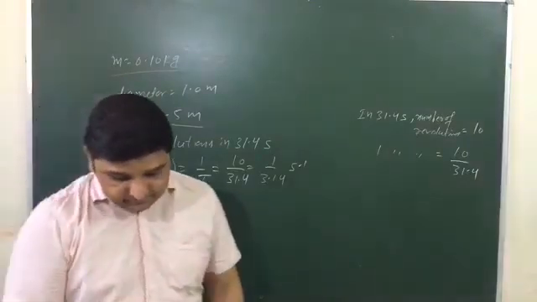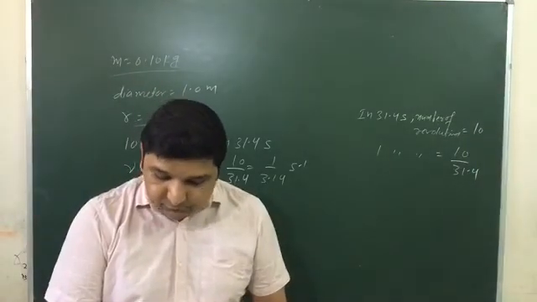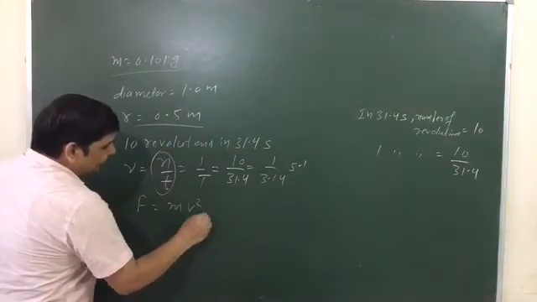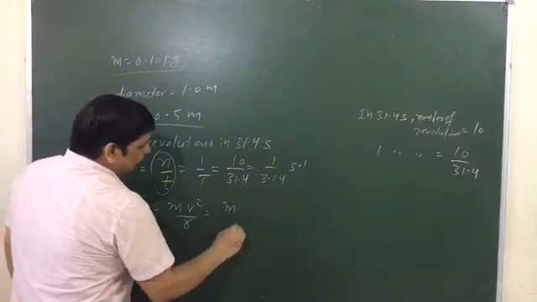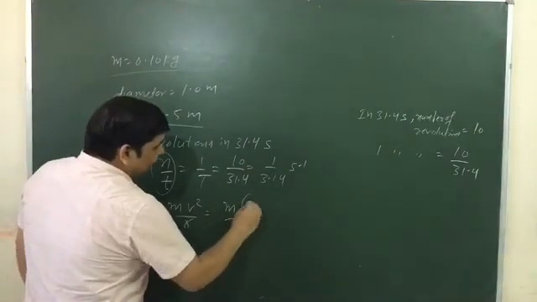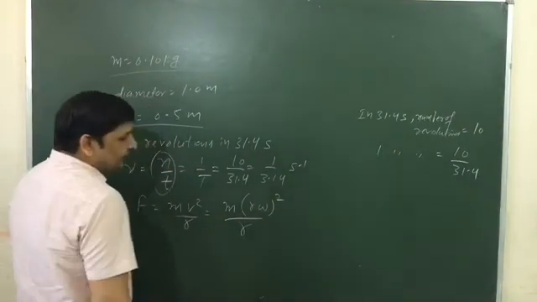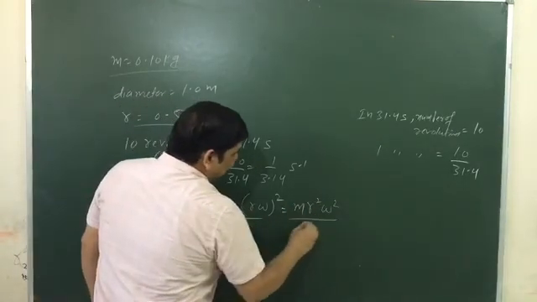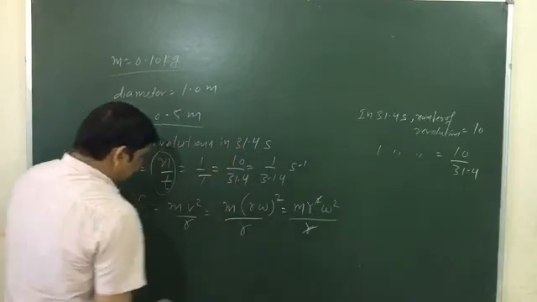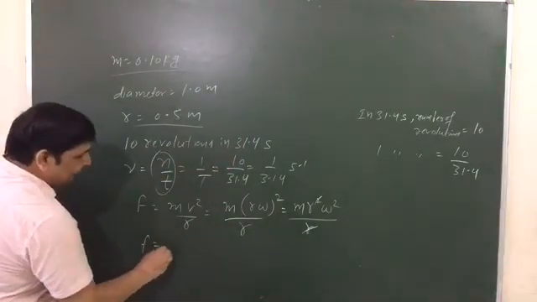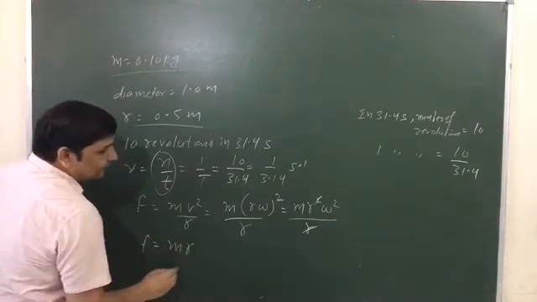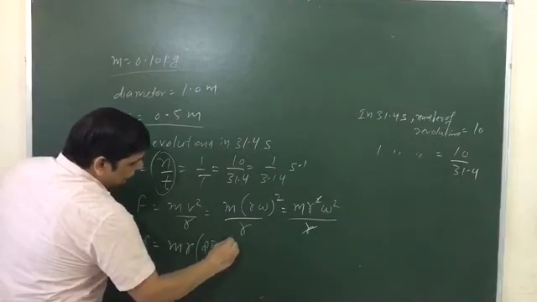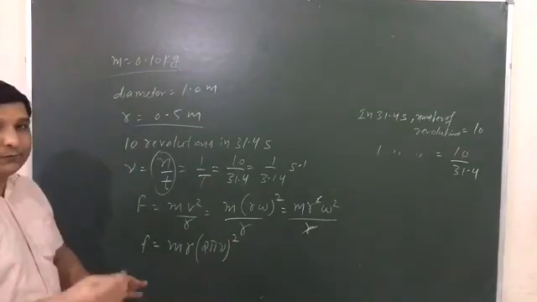In this case, we have to find centripetal force. Centripetal force is given by m v square upon r. V is replaced by r omega, so m r square omega square by r. Therefore, centripetal force will be equal to m r omega square, and omega is given by 2 pi into frequency.